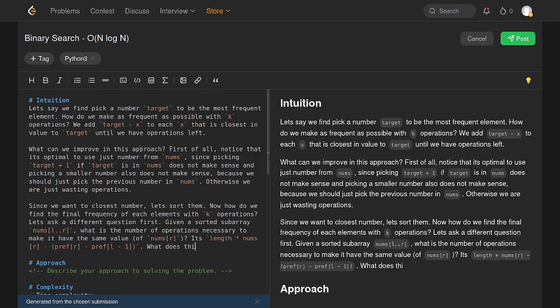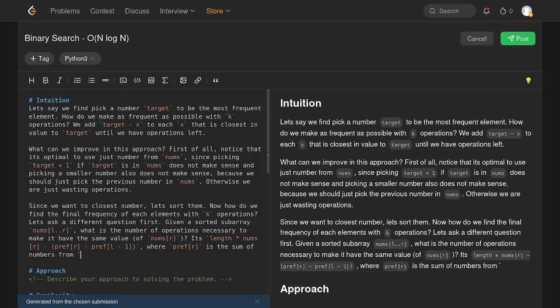What does this mean? Where prefix[R+1] is the sum of numbers from nums[0] to nums[R].